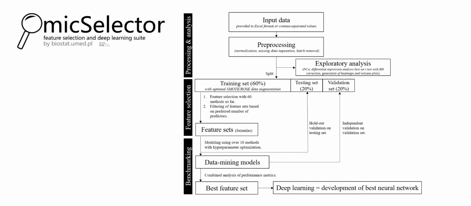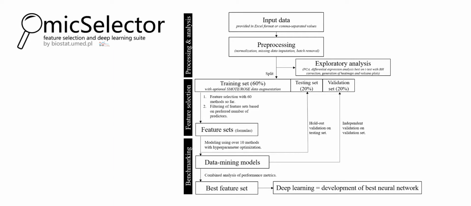Based on the training set, we perform feature selection with 60 methods. We perform filtering of feature sets based on the previous number of predictors. And those feature sets are tested in the process called benchmarking. We apply multiple data mining methods to develop the best classifiers. Those are optimized based on their performance on the testing set, and later are validated in the independent validation set.